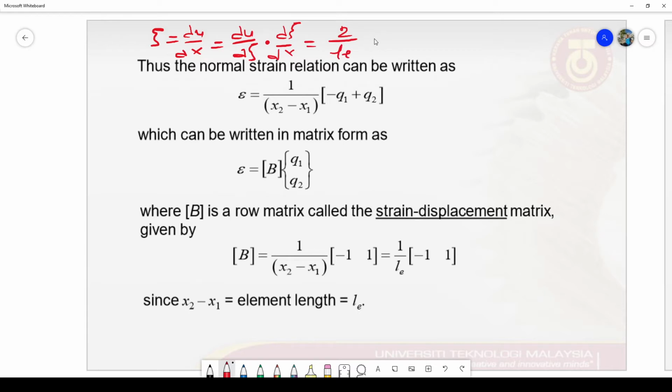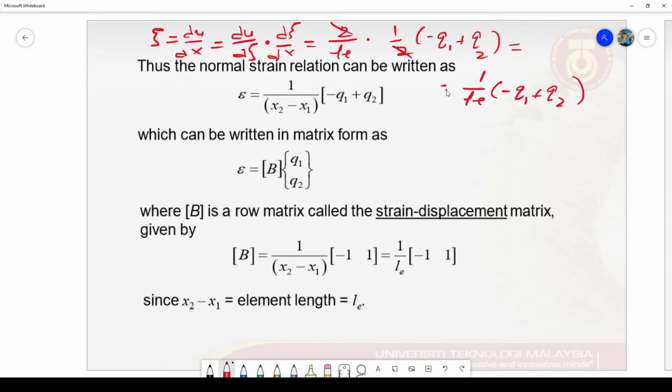Then we have the term for du over dz, which is given by half of negative q1 plus q2. This can be further simplified and will give 1 over le multiplied by negative q1 plus q2.